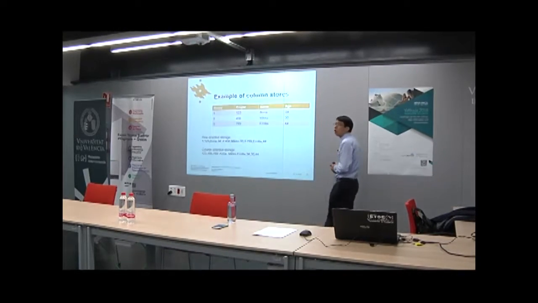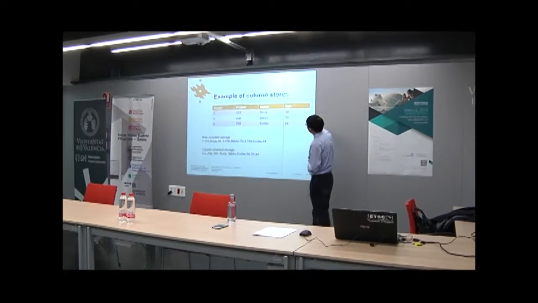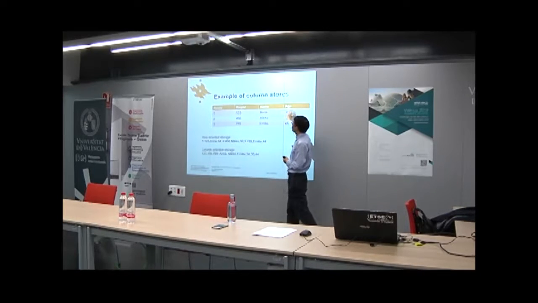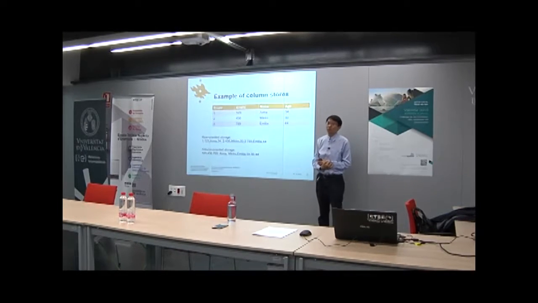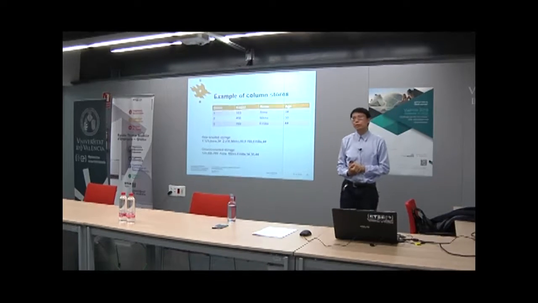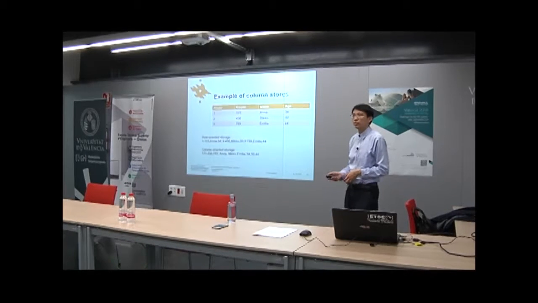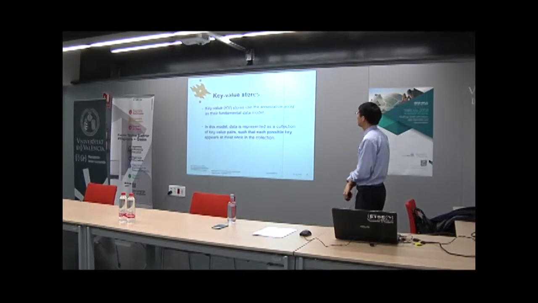But a row-oriented database is very efficient for the selection of one tuple or one row of information. So this is a key difference between the row-based storage and the column-based storage.